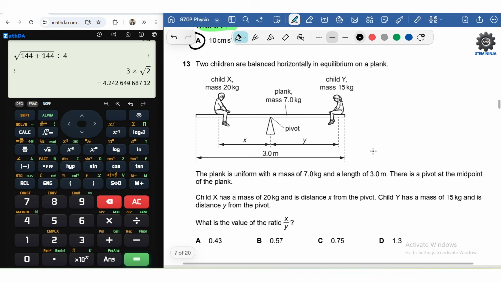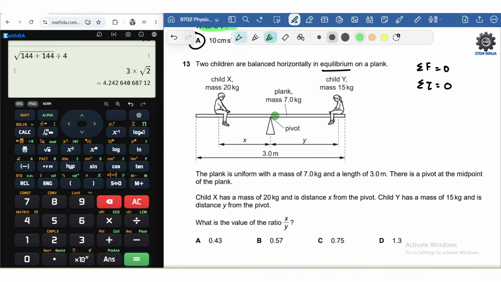Two children are balanced horizontally in equilibrium on a plank. Equilibrium implies that the resultant force in any direction is 0 and the resultant torque or moment in any direction about any point is also 0. The plank is uniform with a mass of 7 kg and a length of 3 meters. When they say uniform, that means the weight is actually passing through the center.